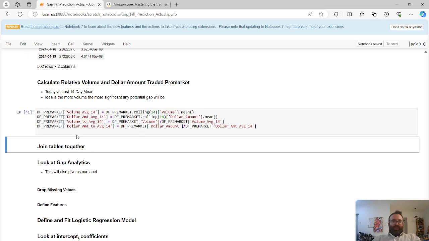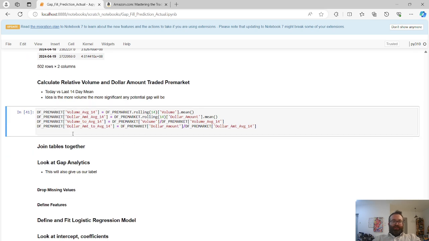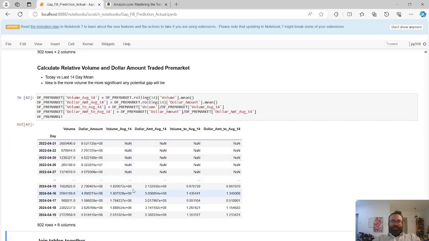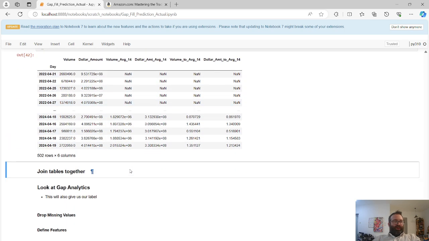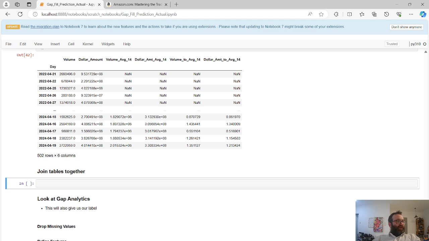Okay, so now I have the df pre-market, just to show you how it looks. The first 14 are going to have missing values, because you don't have the mean for the first 14. So first let's join the tables together, and we'll deal with the missing values in a second. So df equals df daily dot join df pre-market.